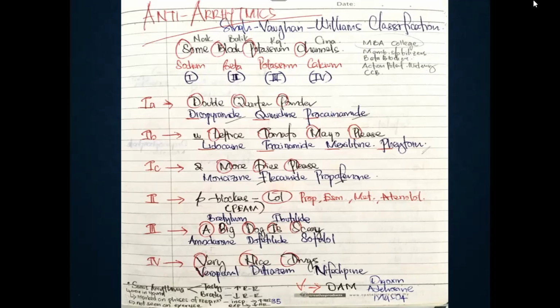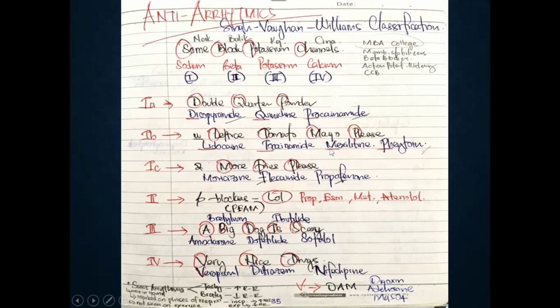Class 1A has disopyramide, quinidine and procainamide. I remember it as ordering a McDonald's burger: double quarter pounder, DPQ, disopyramide, procainamide and quinidine. 1B is lidocaine, tocainide, mexiletine and phenytoin: with lettuce, tomato and mayo please.